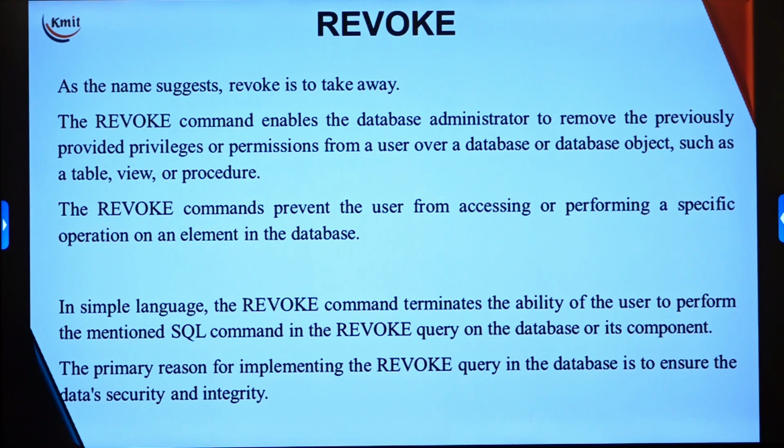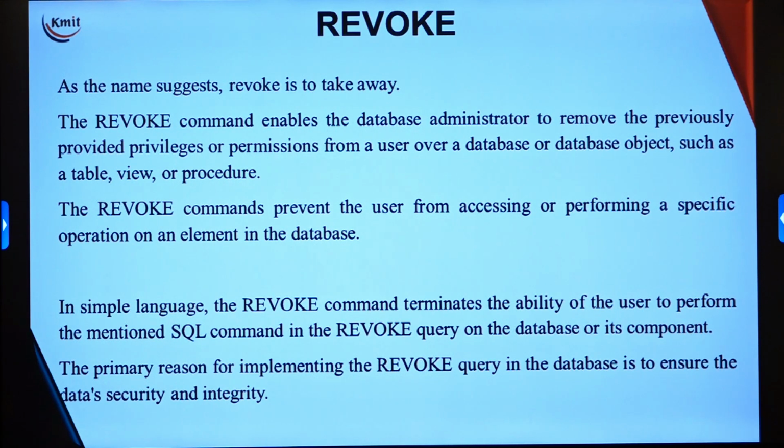The primary reason for implementing the revoke query is to ensure the data's security and integrity. Say, for example, you have given permissions to the user, but the user wants to quit the organization. Then he should not be allowed to access all the data of the company.